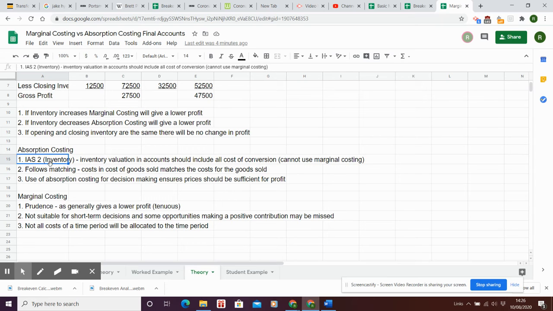And therefore, this conversation is a little bit irrelevant because in the final accounts, we can't use marginal costing for the valuation of inventory. We can only include full costing, and a method of full costing is absorption costing.